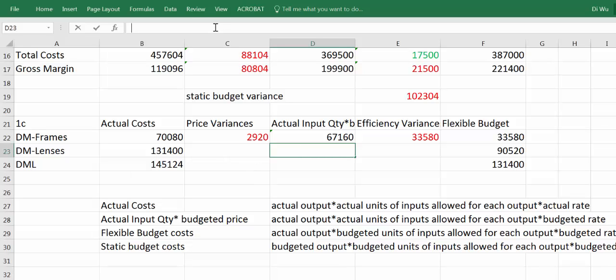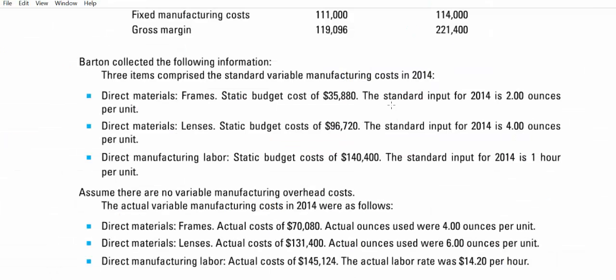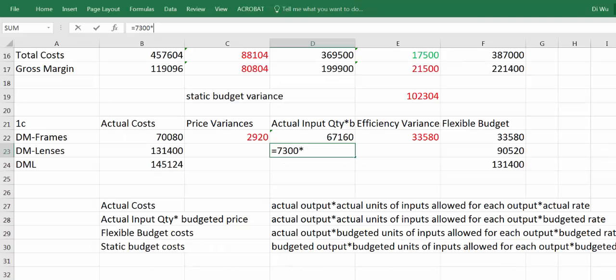For this one, it's going to be 73,000, then multiplied by 6 for the actual ones, then multiplied by 3.1, which is right here. Okay, so you end up with this number.